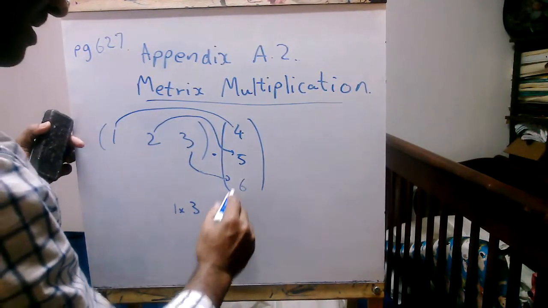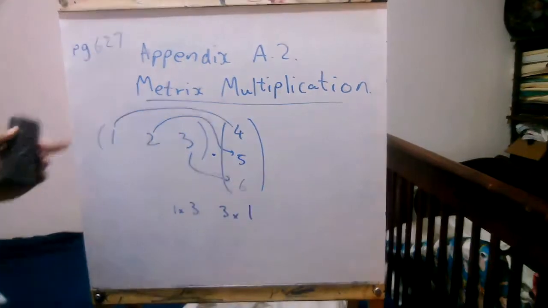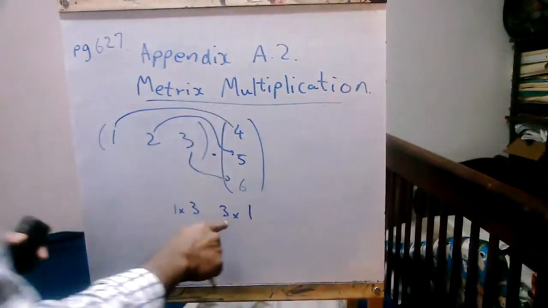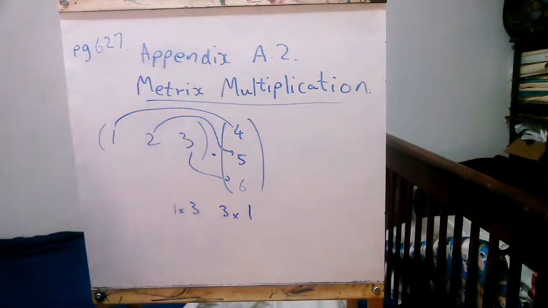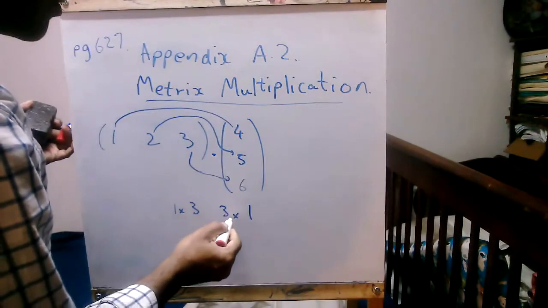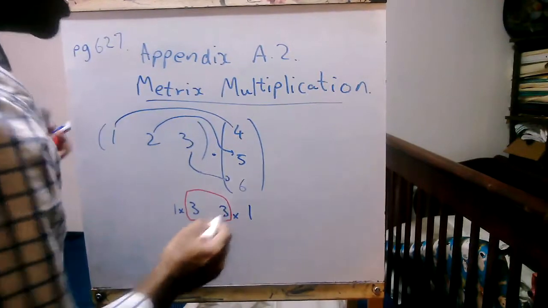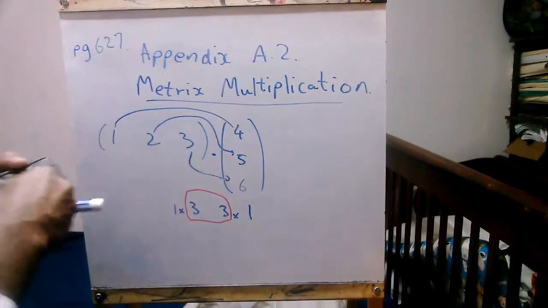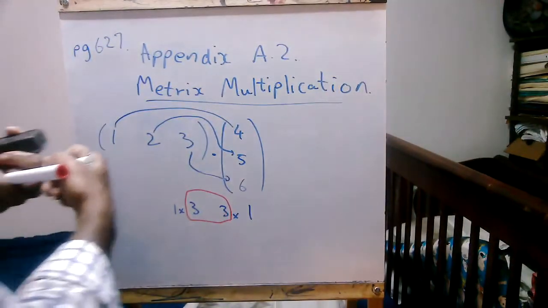This is 3 by 1: 3 rows, 1 column. Now you will see that this 3 is common, which means we have to have the same number here in between. Then you remember the answer we got was 32.